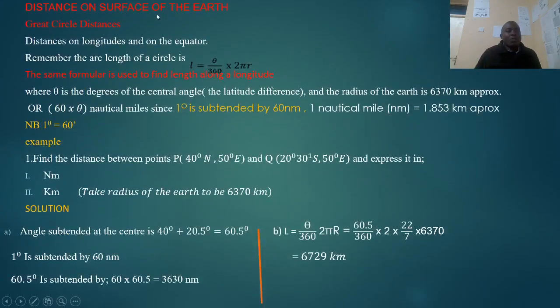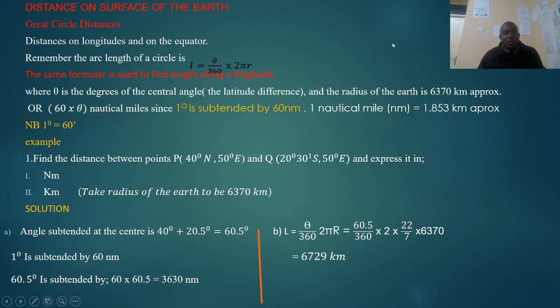Now, let's talk about distance on the surface of the earth. How do we calculate the distance on the surface of the earth? Like we have said, we have two distances: distance along the great circle, and distance along the small circles, that are the latitudes.